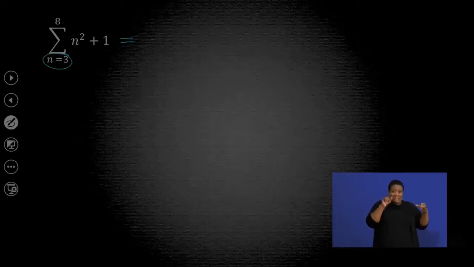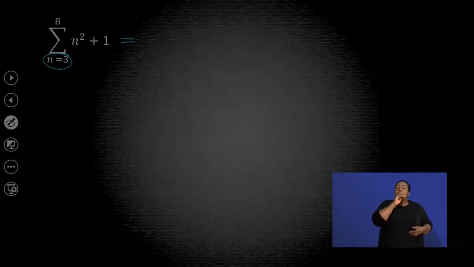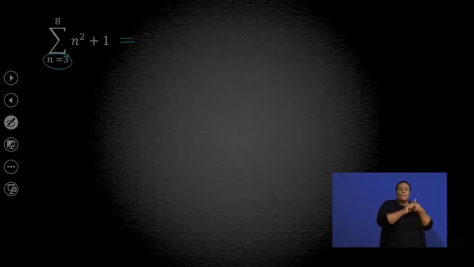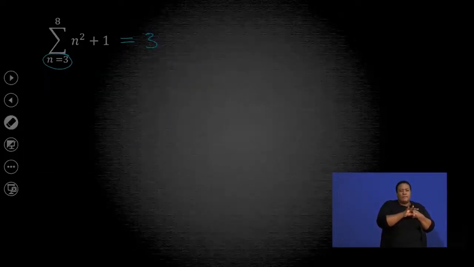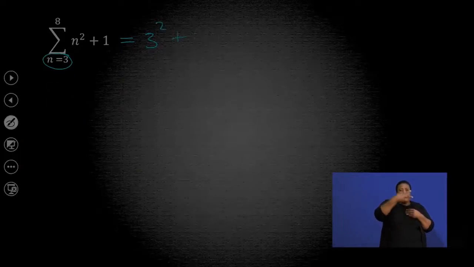All right. Now here on the next slide, for you to expand this, n equals 3 means that the first term is at n equals 3, making it 3 squared plus 1.